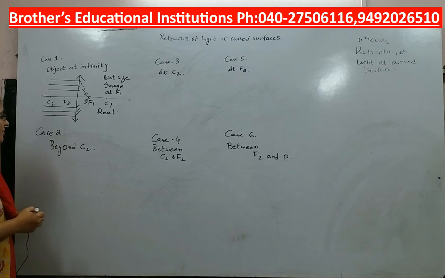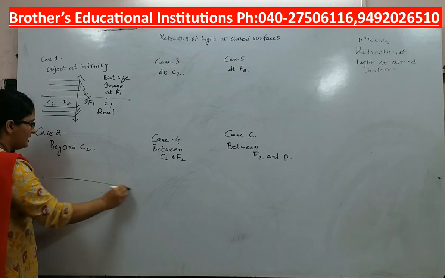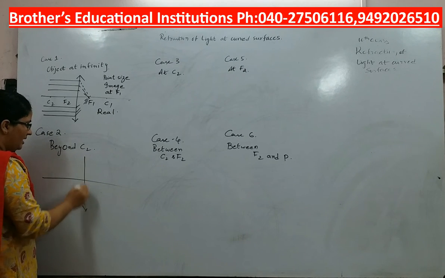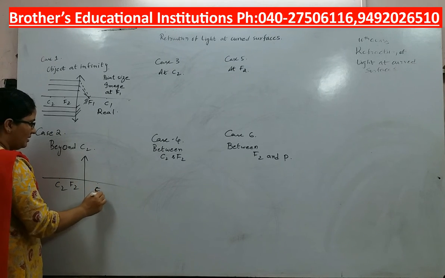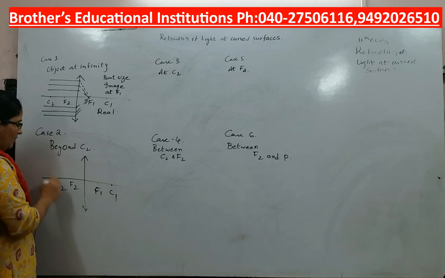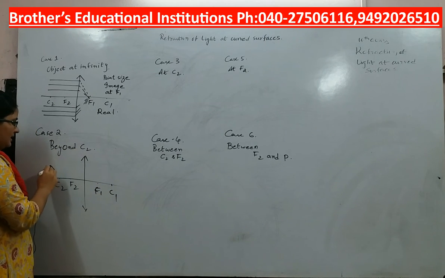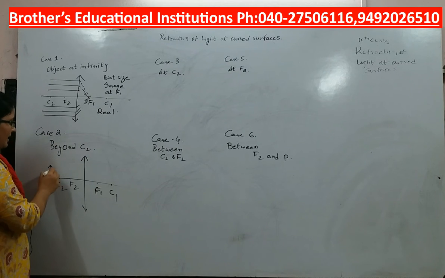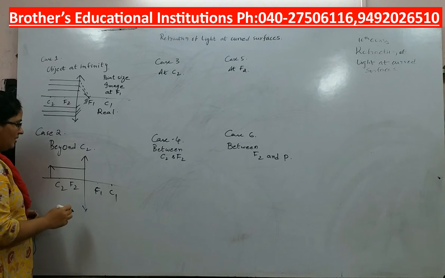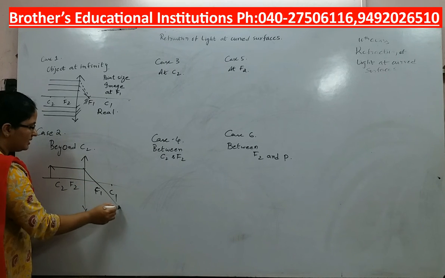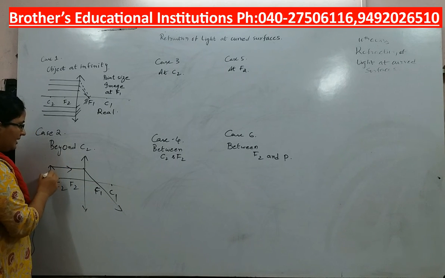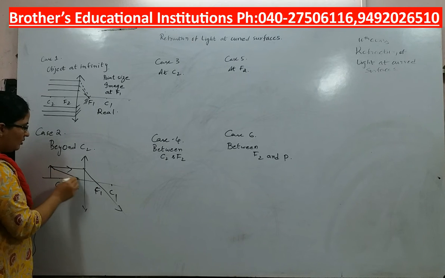Next case, we keep the object beyond C2. Let us see where the image forms. One ray I am taking parallel to the principal axis, so it will pass through focus. Another ray I am taking passing through the optic center.